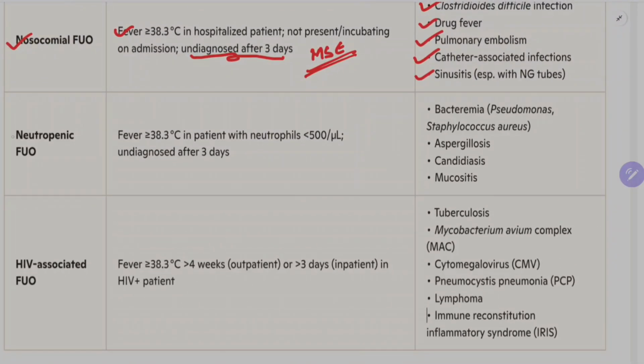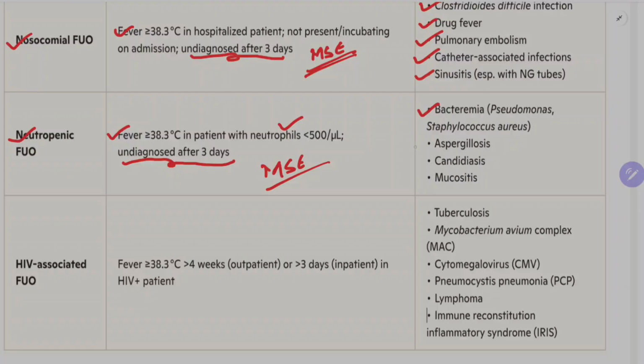Now in neutropenic FUO, fever should be more than 38.3. Neutrophil count is less than 500 per microliter. Again here also undiagnosed after 3 days after minimum standard evaluation. Causes include infections. Mostly these are infections. So bacterial infections like Pseudomonas or Staph aureus.